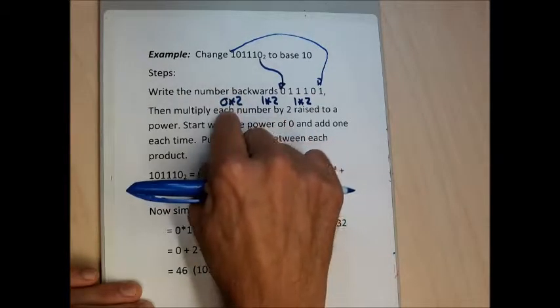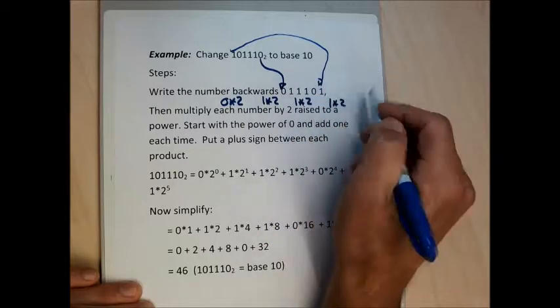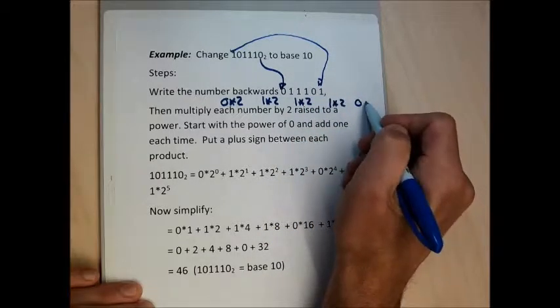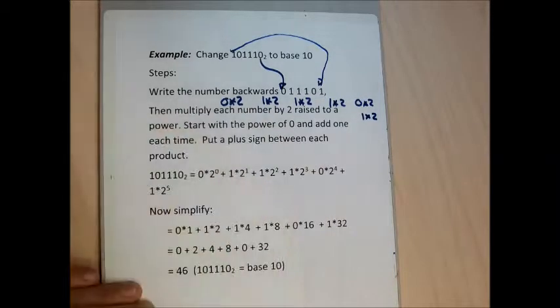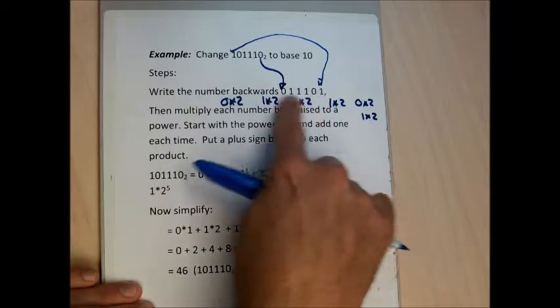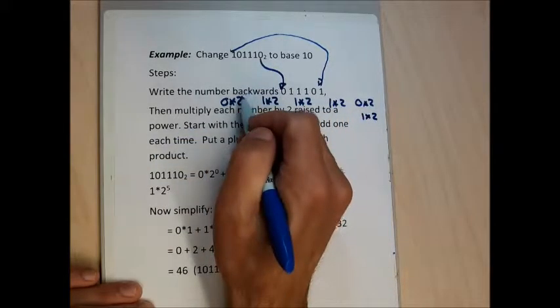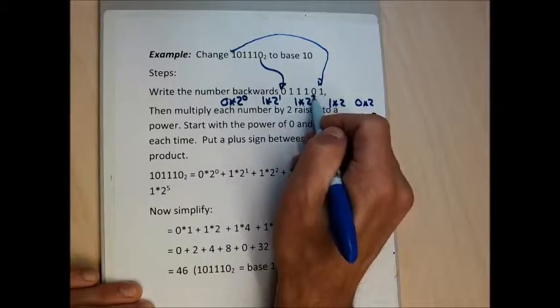So I get 1 0, 3 1s, another 0, and a 1. So I took the number, wrote it backwards, multiplied each of these numbers by the base, and then attached exponents starting at 0 and incrementing up 1 each time.